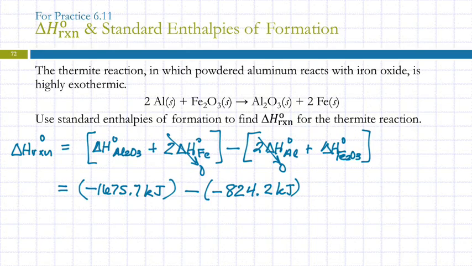So negative 1675.7 minus negative 824.2. So we get negative 851.3 kilojoules. Yeah. So for this reaction, the standard heat of reaction, negative 851.3 kilojoules.